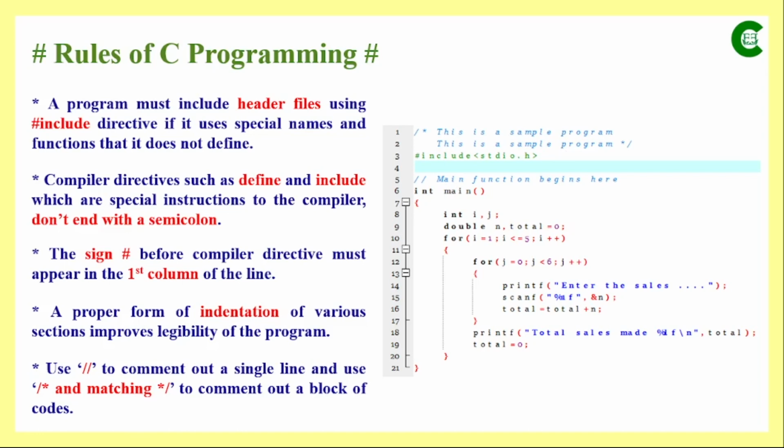So when the compiler gets these two symbols at the beginning and at the end of these thousands of lines in that program, it will understand that these thousands of lines are commented out. This way, using only these two symbols in two lines, we can comment out a block of lines. So that is the rule in the case of C programming, and this is all about the basic rules that we follow when we write a C program.